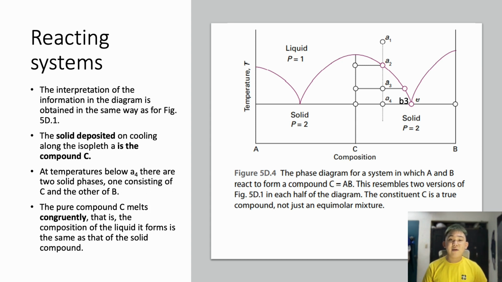If we have gallium arsenide as our product, which is solid, and if we melt gallium arsenide, it is still gallium arsenide. So, that's all for our reacting systems.